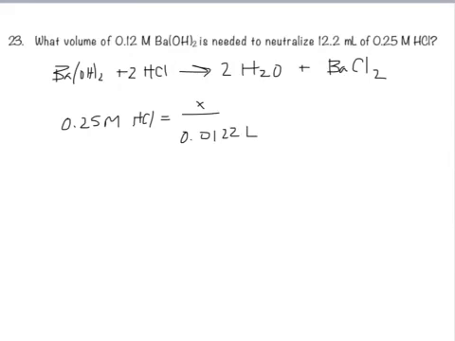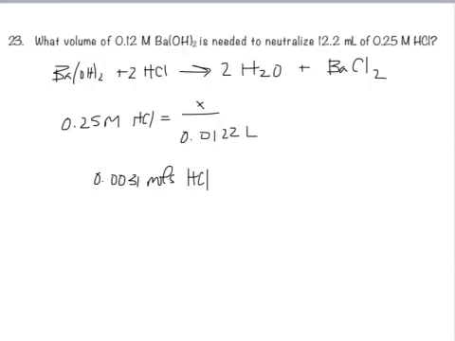And when I rearrange or solve for the number of moles, I'm going to multiply both sides by 0.0122. And in doing so, I get 0.0031 with sig figs moles of hydrochloric acid.